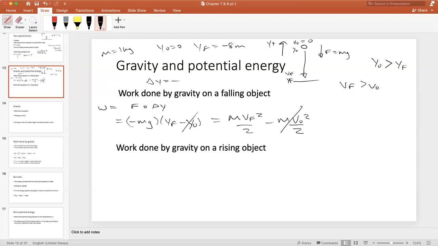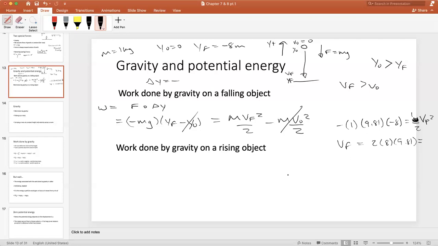What we get here, if we want to know how fast this thing's going, is negative 1 times 9.81 times negative 8 is equal to m over 2 times v final squared, and m was 1, right? So we get 1/2, or 2, if we multiply through. We get that v final is the square root of 2 times 8 times 9.81. The negative signs cancel.